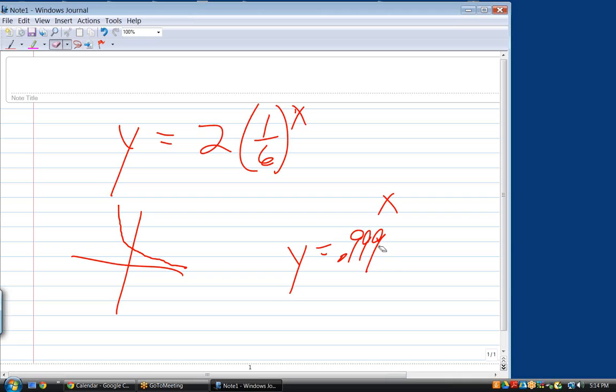Okay, if I replace the 0.999 with 1.01, then I'm looking at a graph that's going to get bigger and bigger and bigger as x gets bigger.